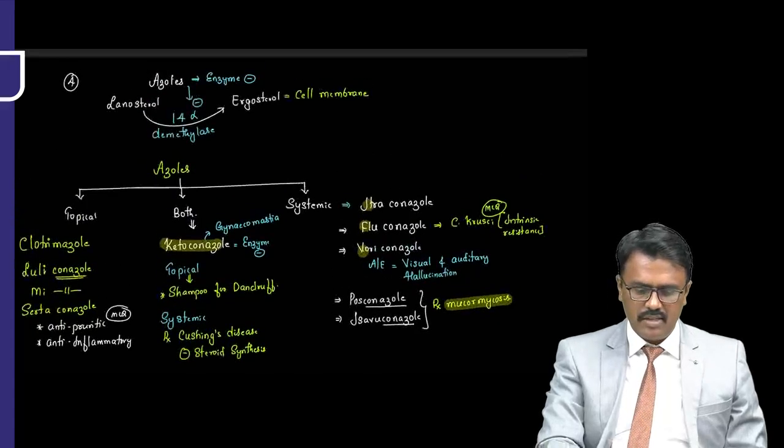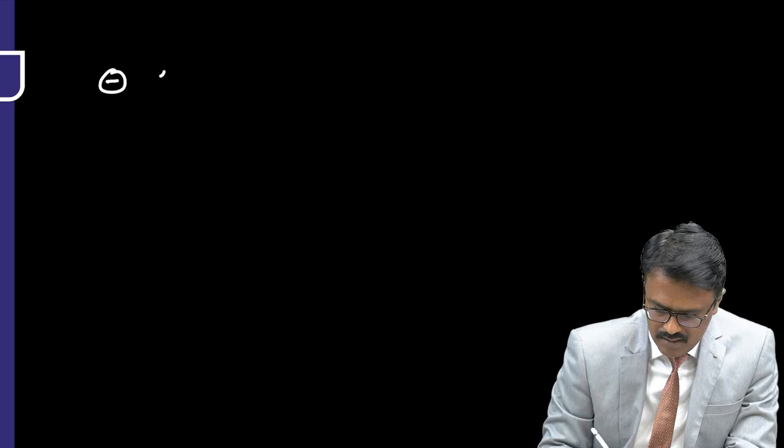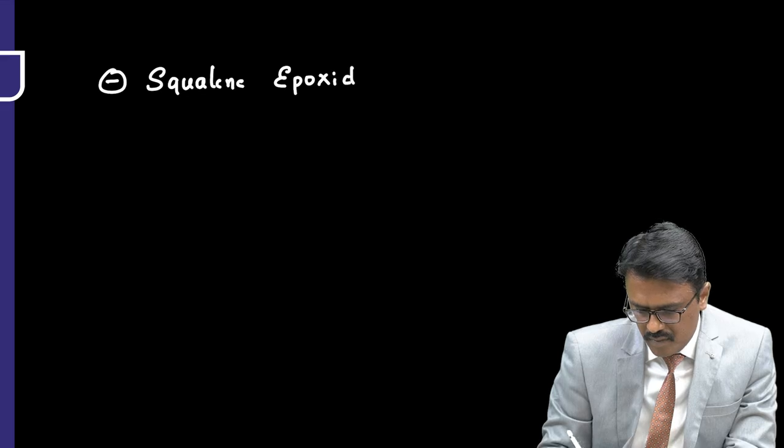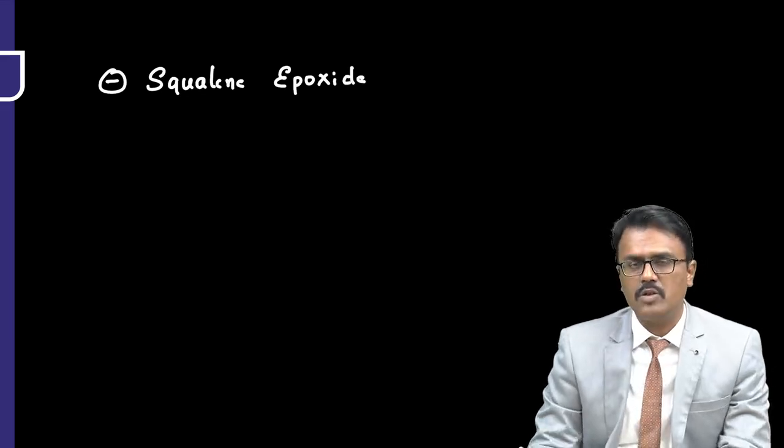Okay, so we are done with the fourth target. The next target we are going to discuss is the inhibitor of an enzyme called squalene epoxidase. What is the drug which inhibits squalene epoxidase?